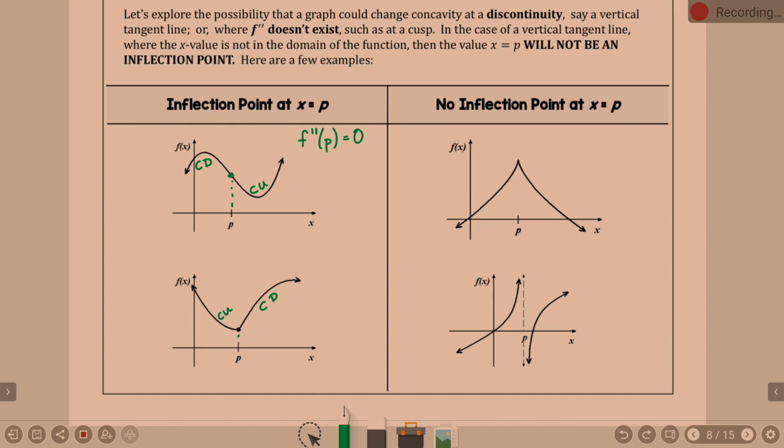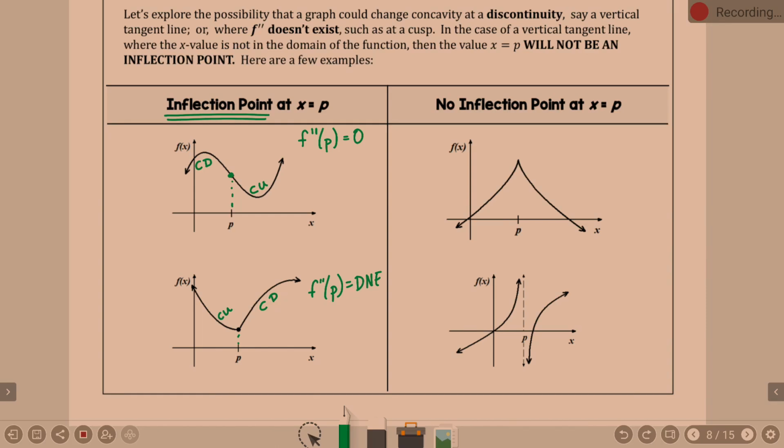So it is also an inflection point, but here the second derivative at P would not equal 0, it would be DNE. It does not exist because that point is not differentiable, so you can't take a derivative there. Those are two cases of inflection points, and we're showing you that concavity changes there.